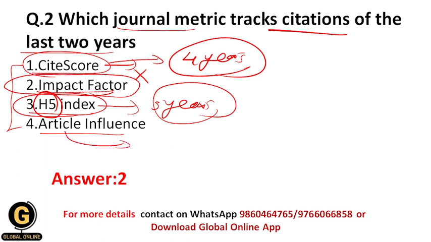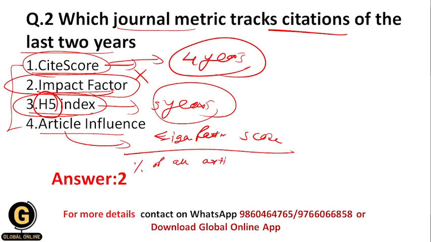What is article influence? What does this mean? So basically students, article influence is calculated by dividing the eigenfactor score by the percentage of all articles recorded in the journal citation reports that were published in a specific journal.